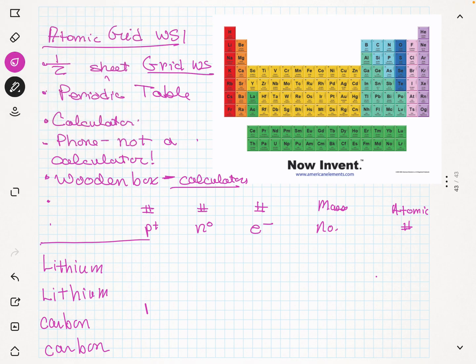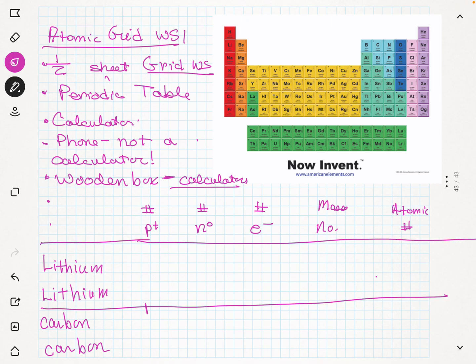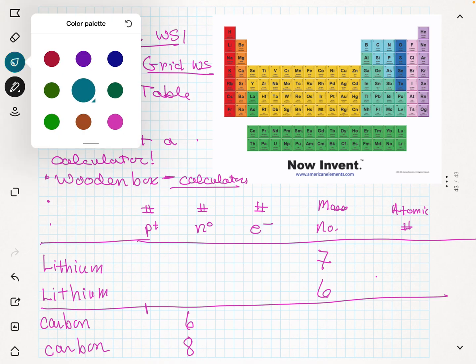We're given the mass number of 7 and 6 for our lithiums, and we're given our number of neutrons as 6 and 8 for carbon. So we can see that these are both carbon, and the top two are both lithium.